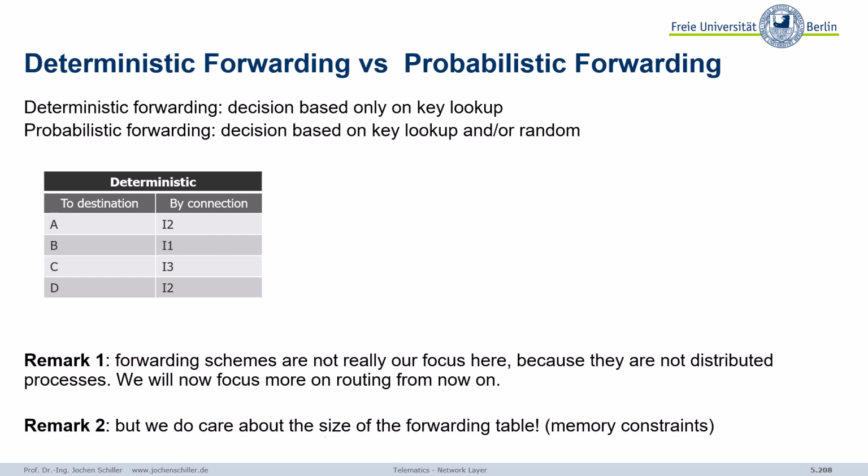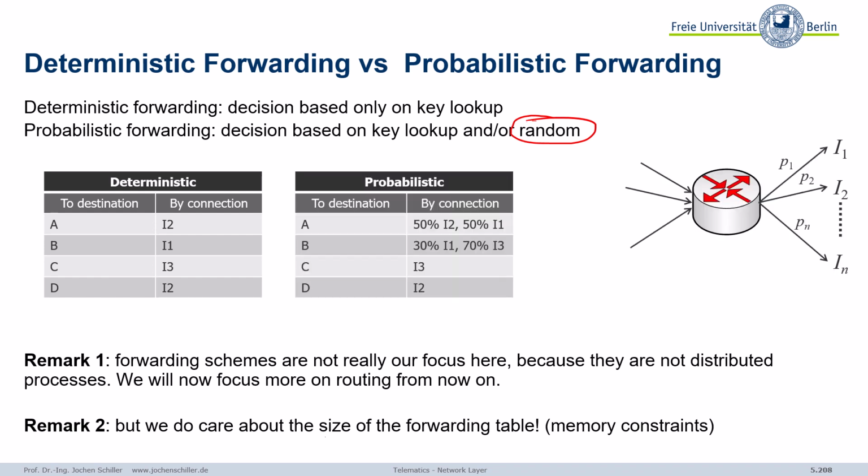We could, if we want, also add some randomness. Why? For example, you could say that to this destination A, half of the traffic flows this way, half of the traffic flows that way. This can be done for load balancing.